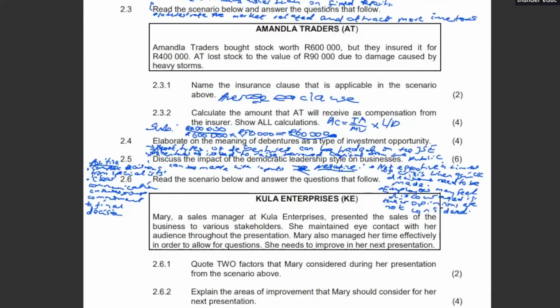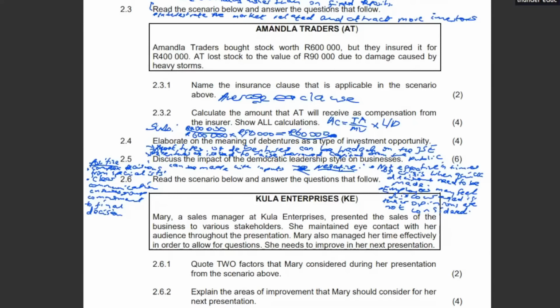She maintained eye contact with her audience throughout the presentation. Mary also managed her time effectively in order to allow for questions. So now the question says, quote two factors that Mary considered during her presentation from the scenario above.